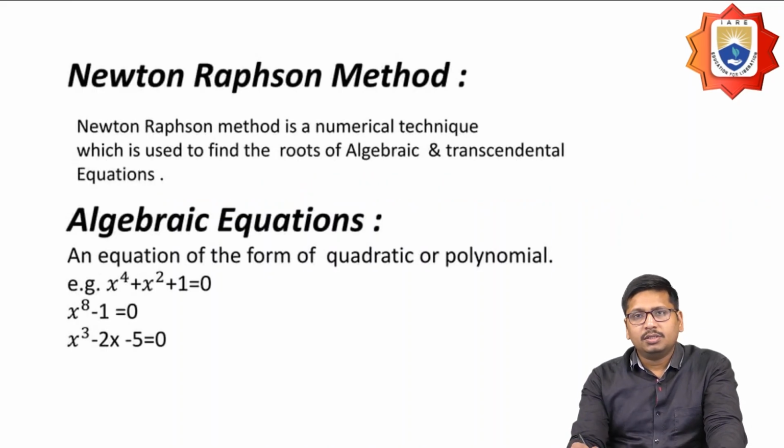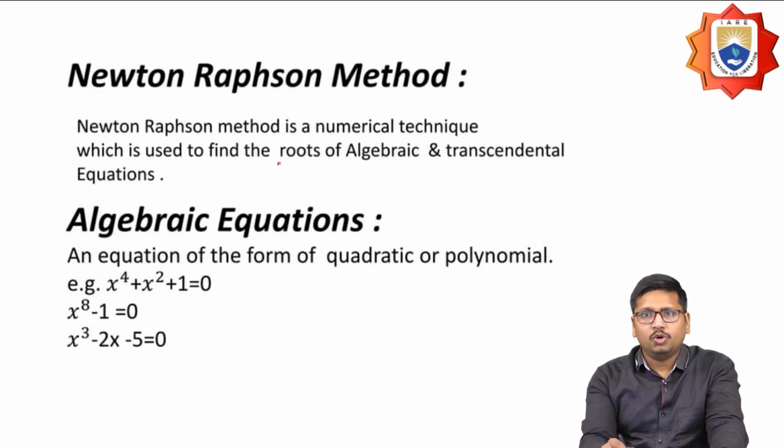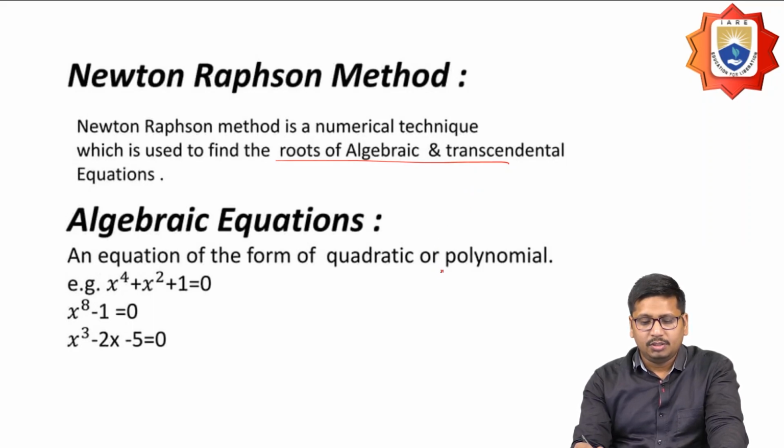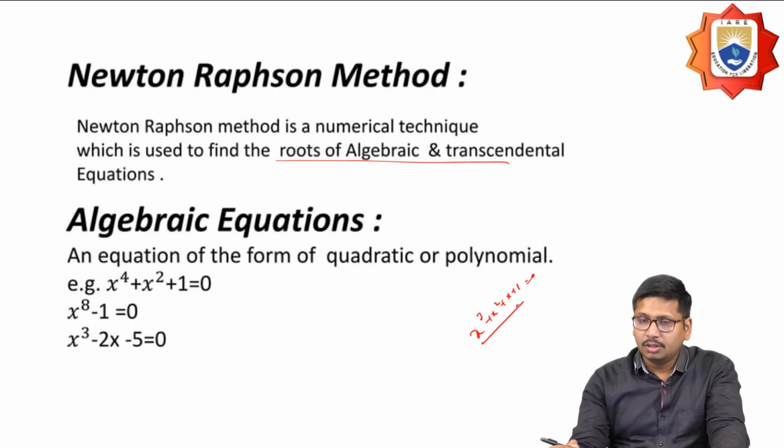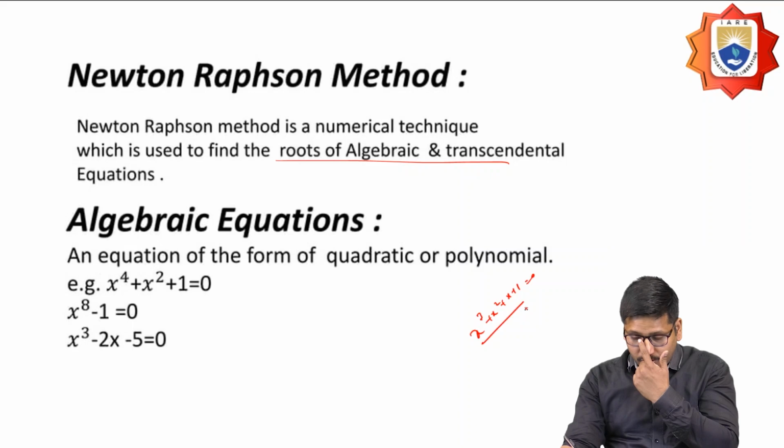For this, Newton-Raphson is a numerical technique which is going to be used to find the root of algebraic and transcendental equations. Some of these algebraic equations look like x cubed plus x squared plus x plus 1 equal to 0.